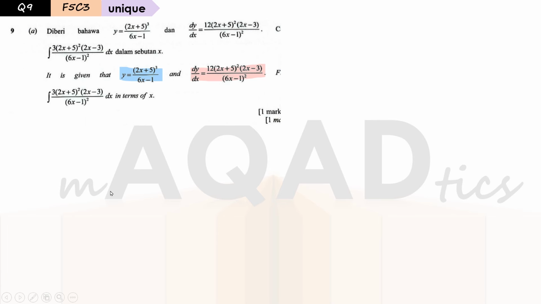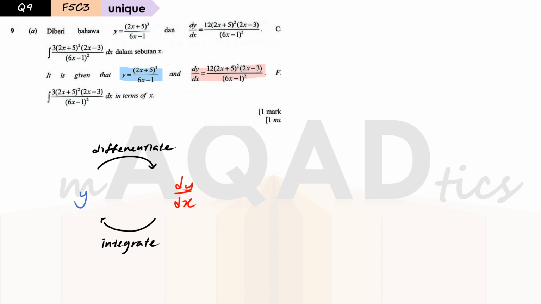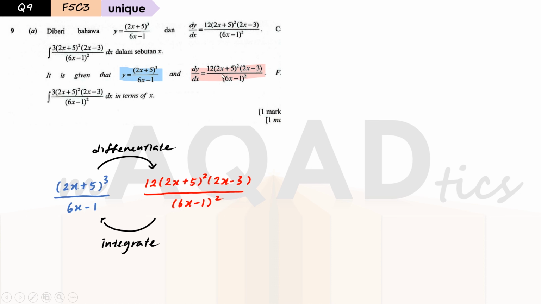To understand this question, let me draw a flow diagram first. If we have y and we differentiate it, we will get dy over dx. And from dy over dx, if we want to change it back to y, we integrate. Let me change the y and the dy over dx according to the expression given here.